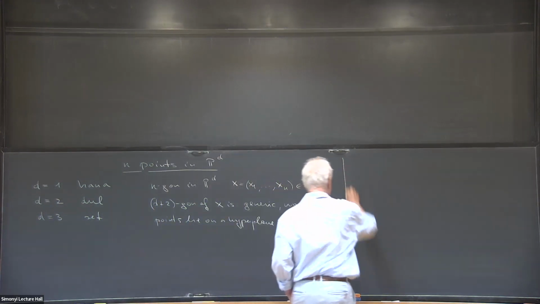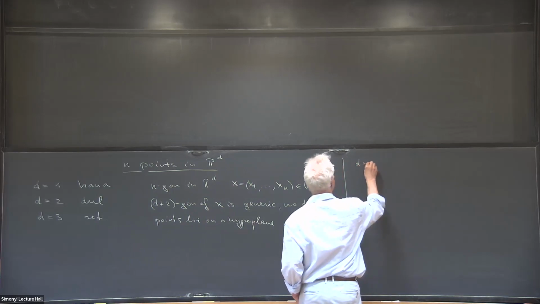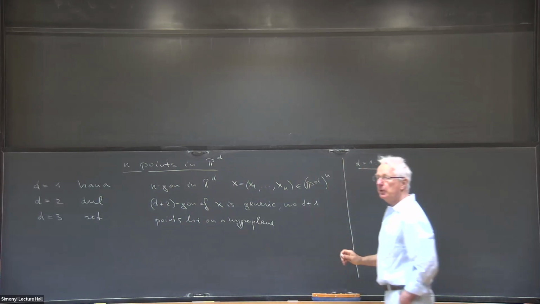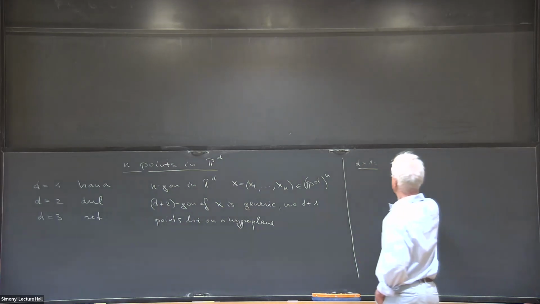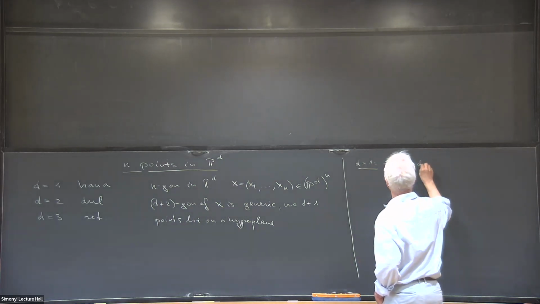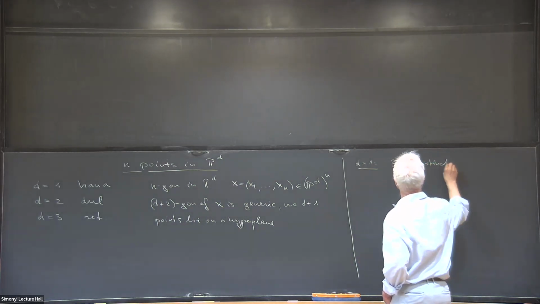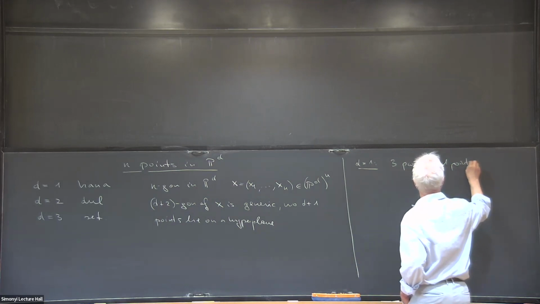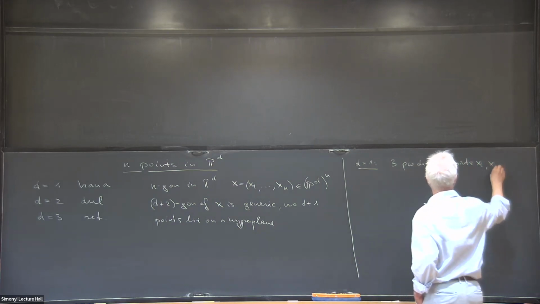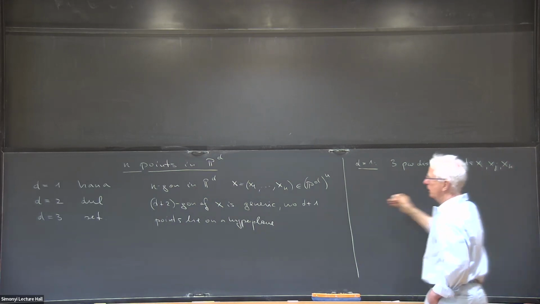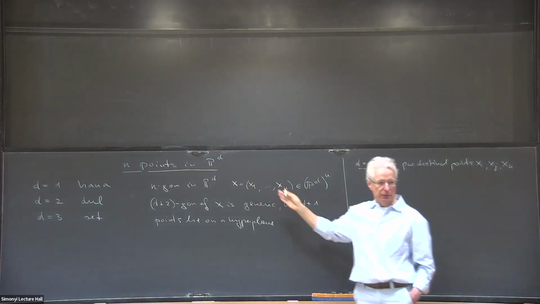For d equals 1, we just have 3 pairwise distinct points x_i, x_j, x_k appearing in this n-gon.